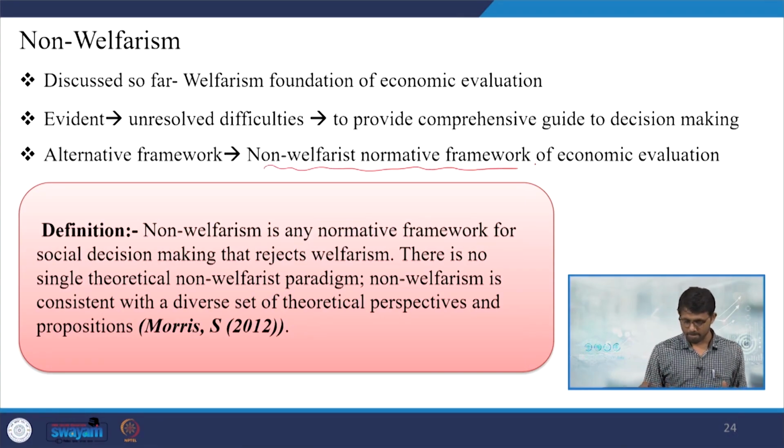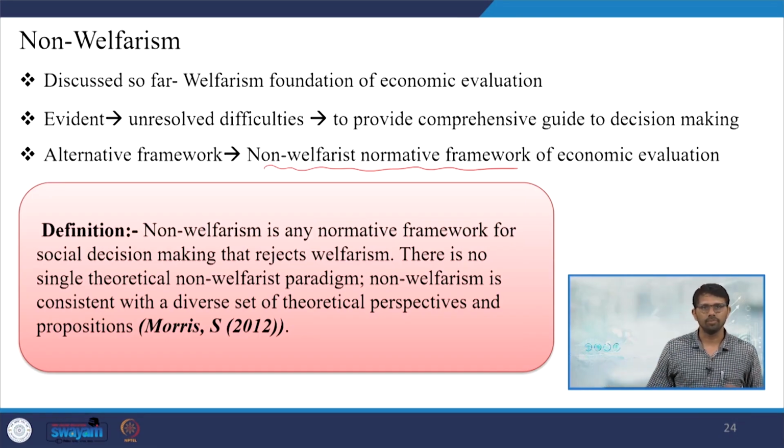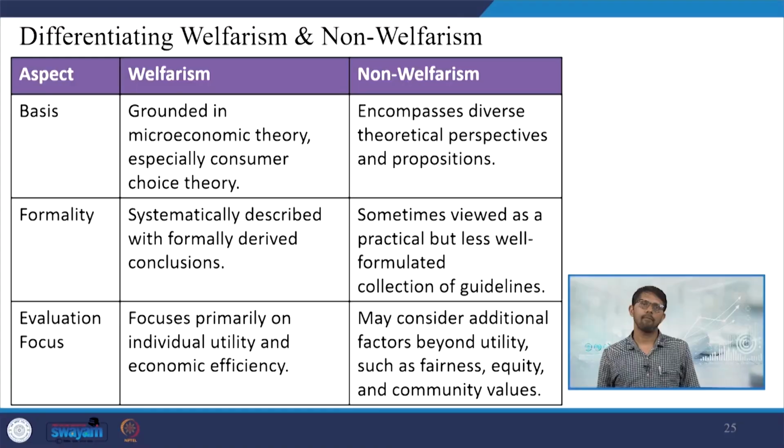So, what do we mean by this non-welfarist framework? This is basically a normative framework for social decision making that rejects welfarism, and there is no single theoretical non-welfarist paradigm; non-welfarism is consistent with a set of theoretical perspectives and propositions, as mentioned in Morris's 2012 work.